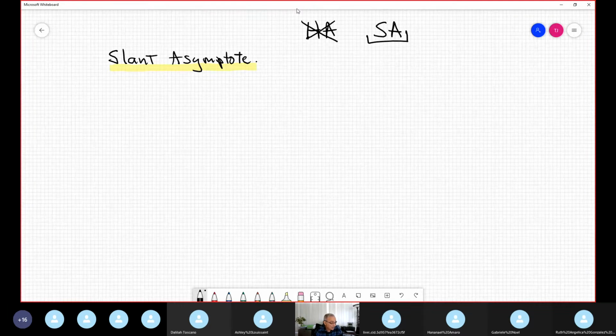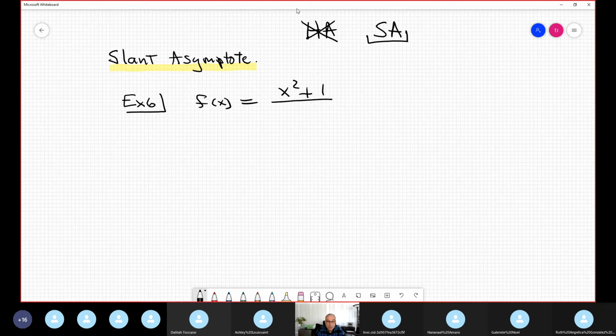Well, again, we are doing the analysis of the degree. Suppose example 6. Suppose we have a function like that. It's given. And you are doing the analysis of the degree. The degree of the polynomial in the numerator is 2. The degree of the polynomial in the denominator is 1.